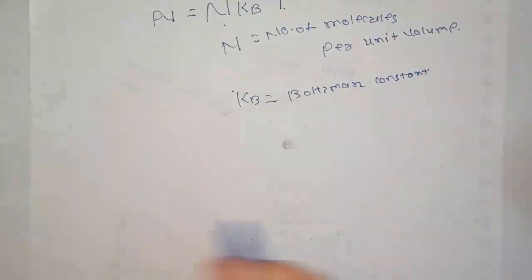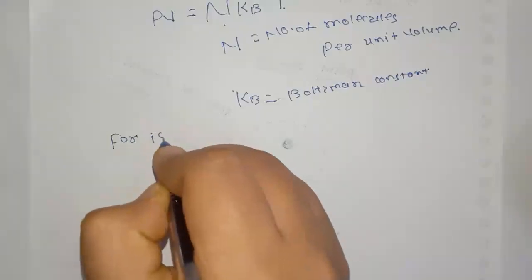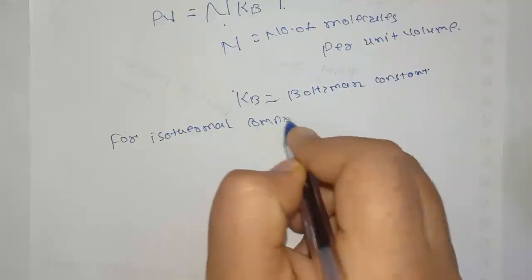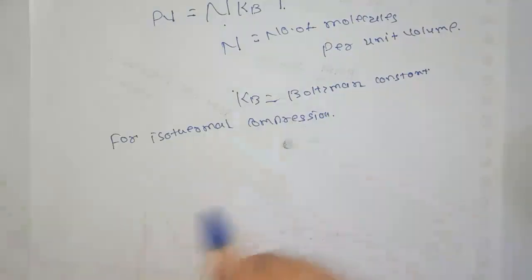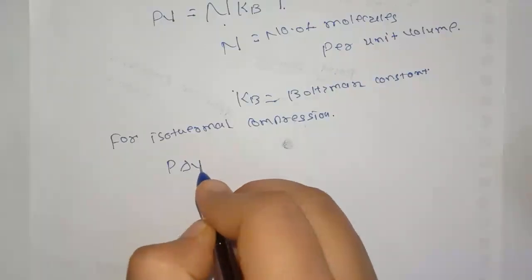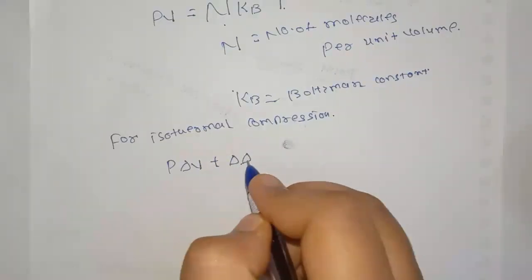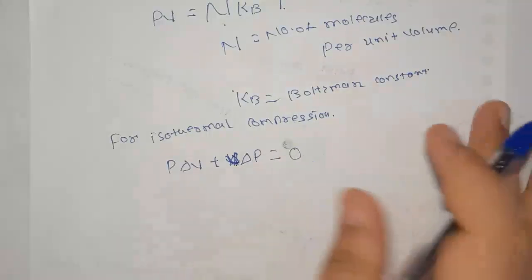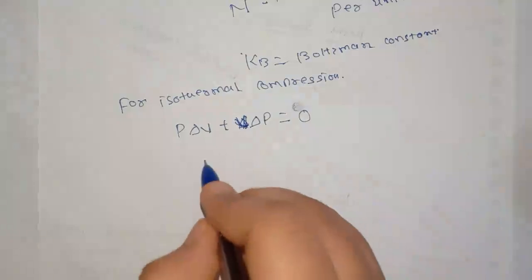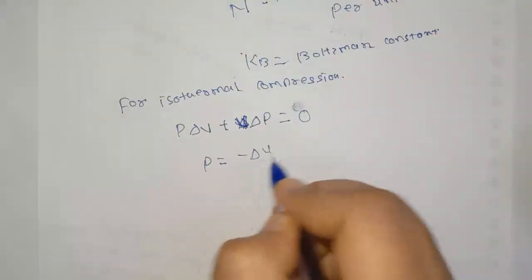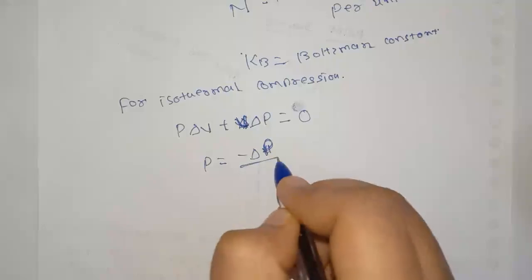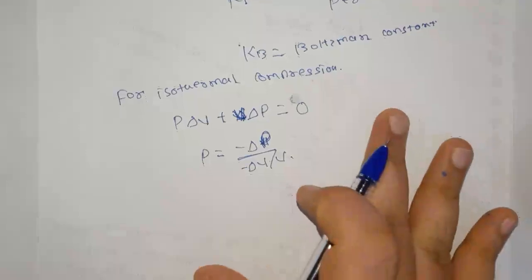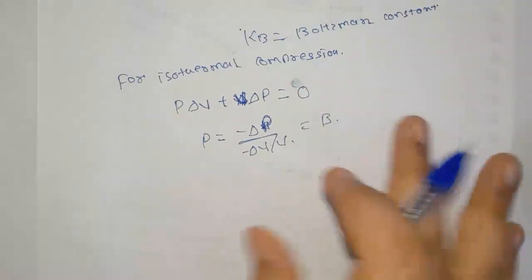So for isothermal compression, we can write P delta V plus V delta P equals 0, as temperature is constant. So P is minus delta P divided by minus delta V by V, and that is equal to bulk modulus.